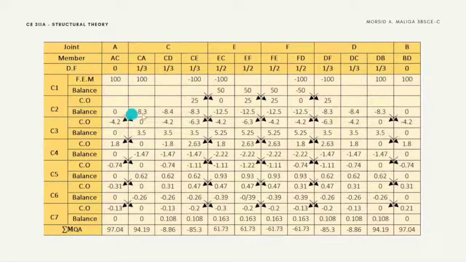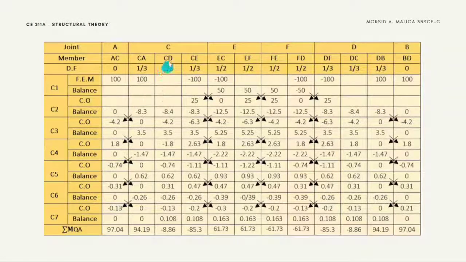Here, you may wonder how we got our balance for our second case. What we will do is look for the total of the case over the moment of every joint. For example, in joint A, we have 0, so automatically it would be 0.